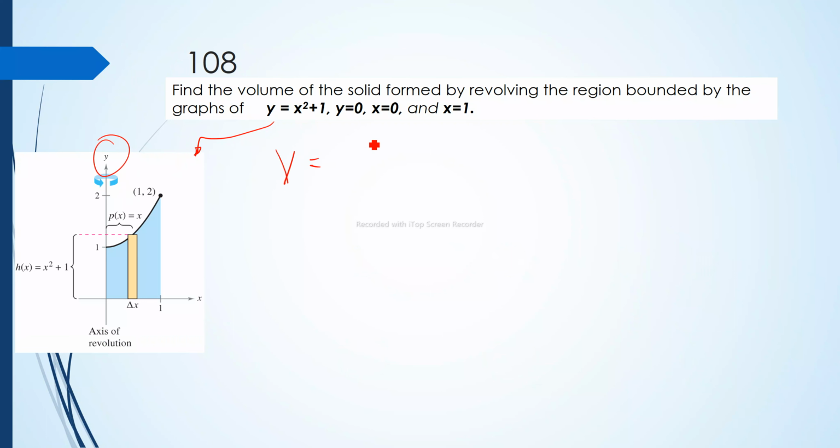So therefore, our volume is 2 pi times the integral of p of x, h of x, dx from a to b. Our lower limit is 0 and our upper limit is 1. What is our p of x, or the average radius? The average radius from the axis to here is just equal to x.